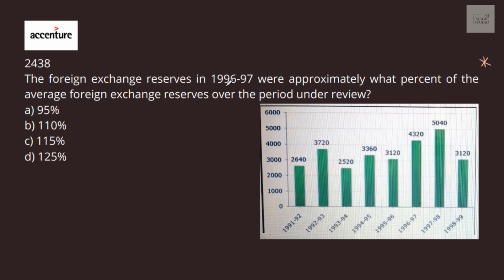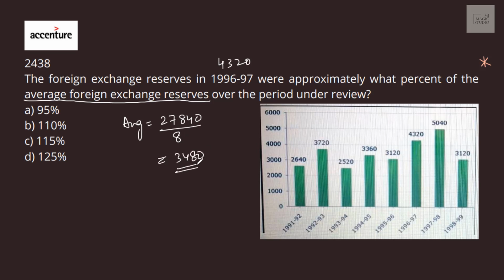The foreign exchange reserves in 96, 97 is 4320, approximately what percent of the average foreign exchange reserve? It will take some time. We need to just add up all, 1, 2, 3, 4, 5, 6, 7, 8. If we add up all the 8 data, we'll get 27,840, and the average is 27,840 by 8, and that would be 3480.